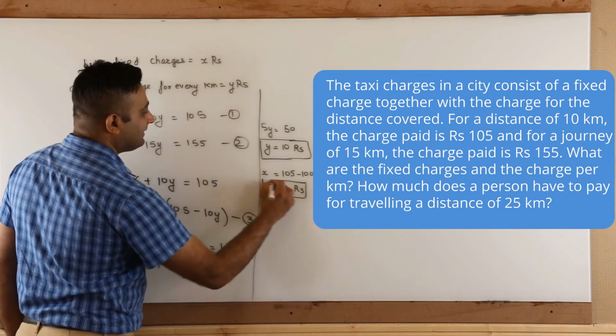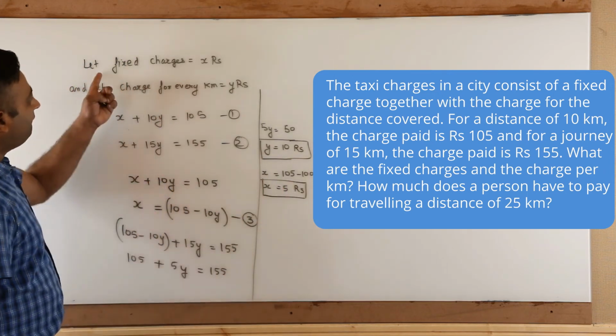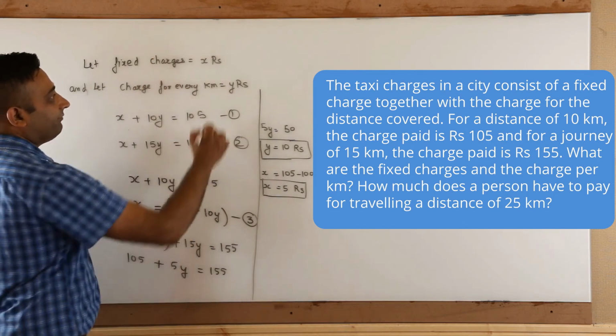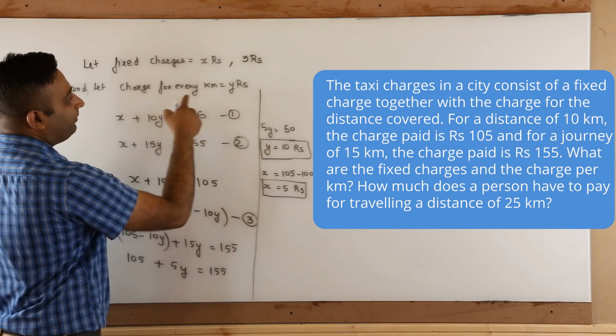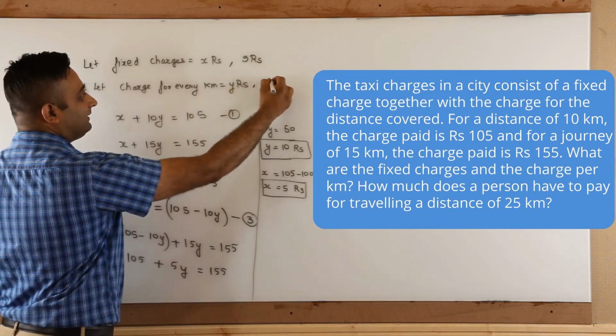So the answer is that the fixed charge is 5 rupees and the charge per kilometer is 10 rupees.